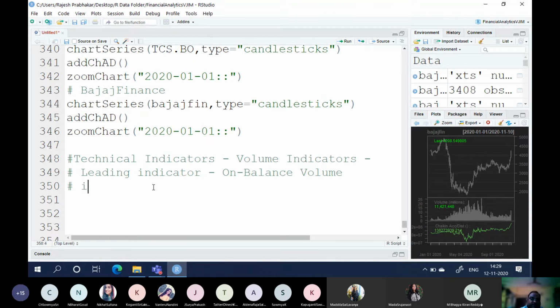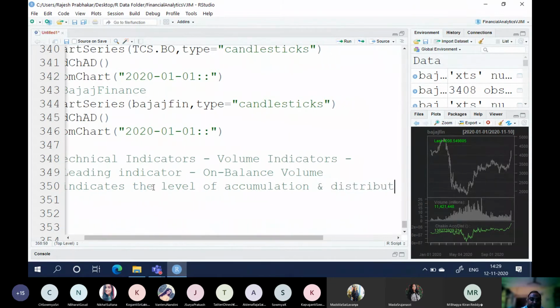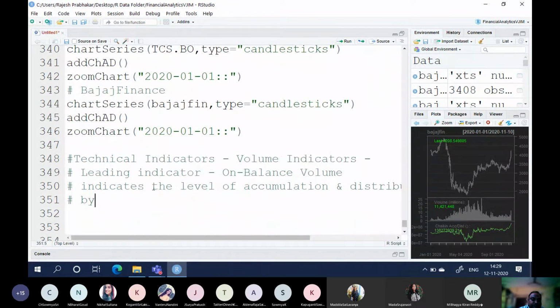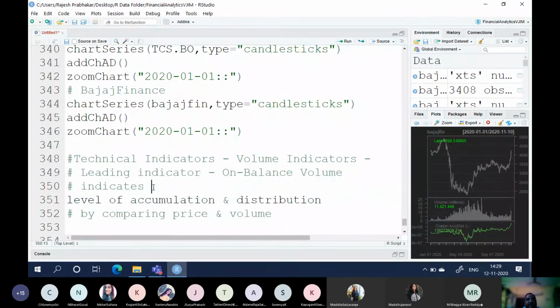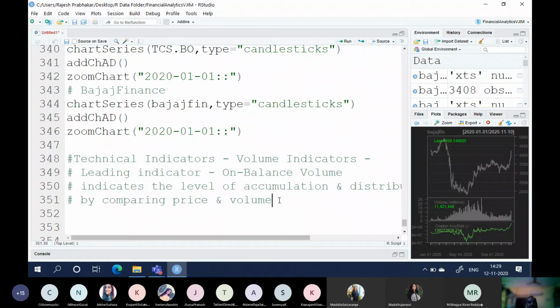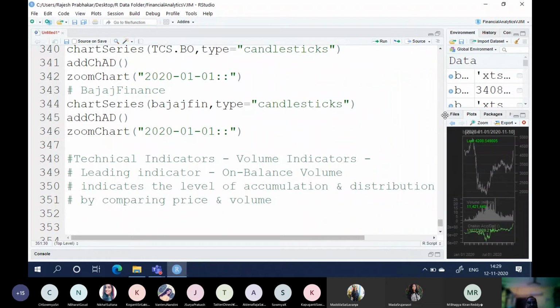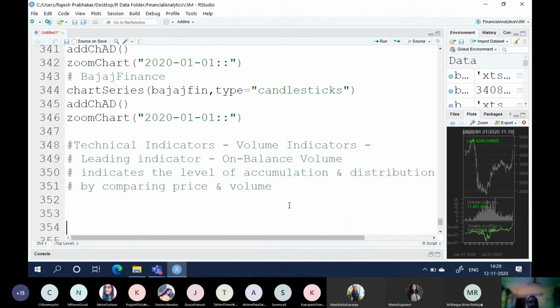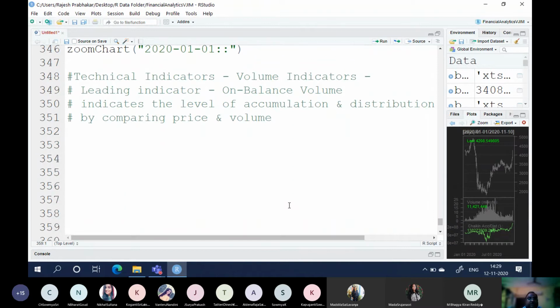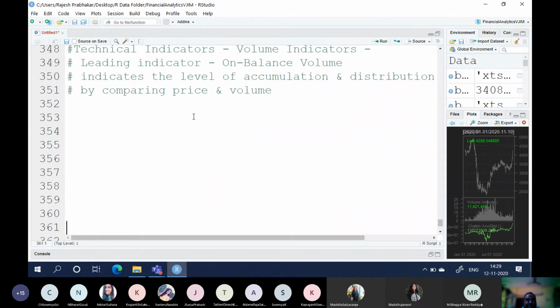It indicates the level of accumulation and distribution by comparing price and volume. So the leading indicator in volume indicators is OBV, on balance volume.